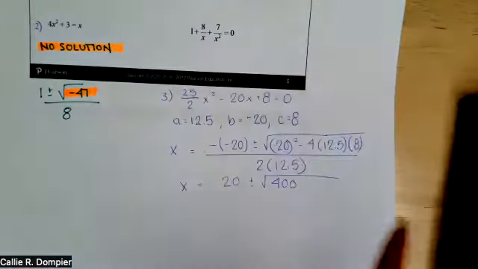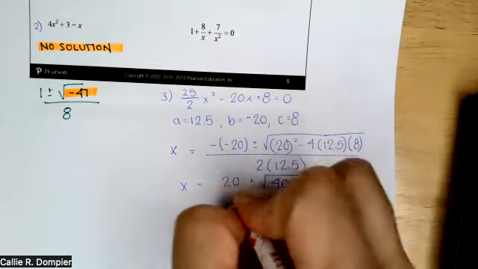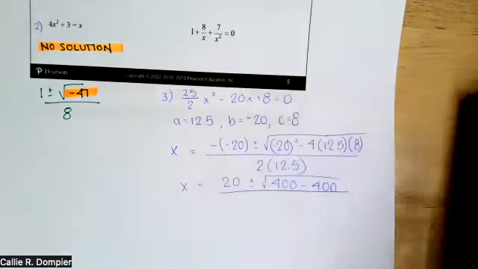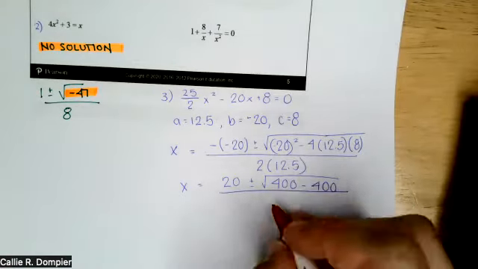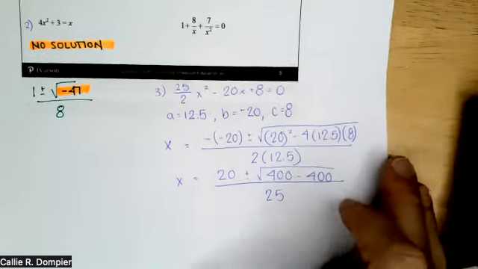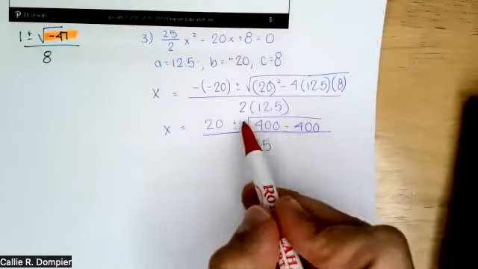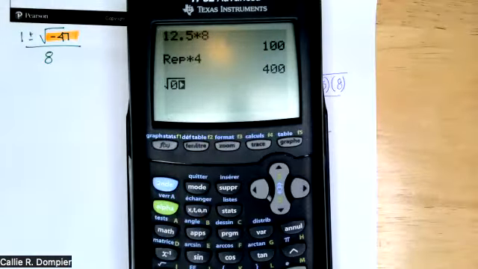So that's 400 minus 400 all over 12.5 times 2. 12 times 2 is 24. 1/2 times 2 is 1, so that's 25, right? So 400 minus 400 is 0. The square root of 0 is 0, right?